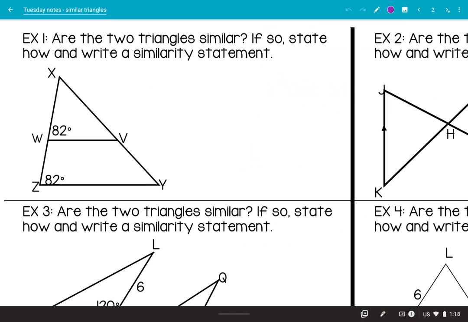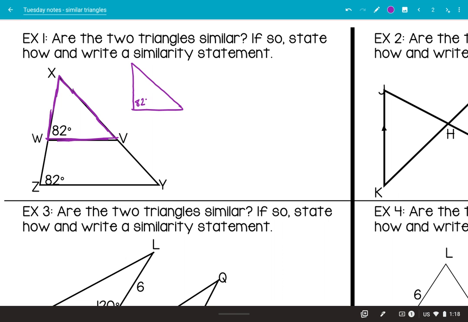Now, if you go to the inside, we have some examples. So the first one, we have to see if they are similar. And if so, we're going to write a similarity statement. The first thing I like to see is when we have one triangle inside of another one, it means there are two triangles here. So here's our first triangle. Usually you do want to color it in, or what I like to do is break it up.